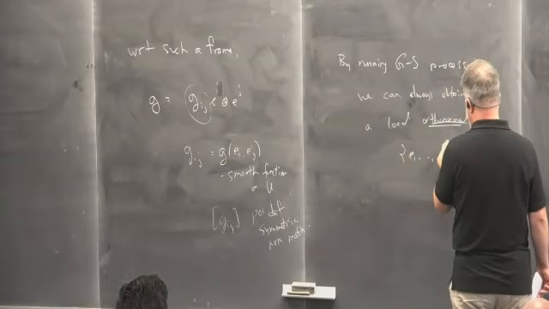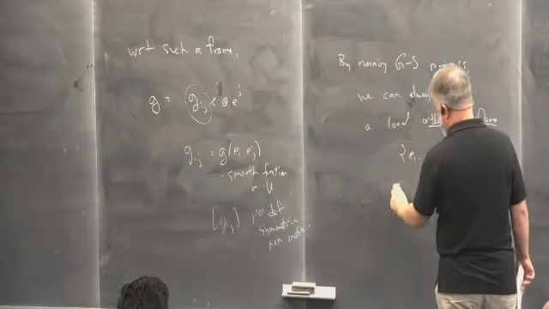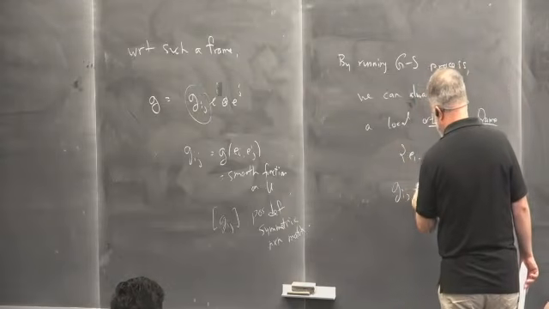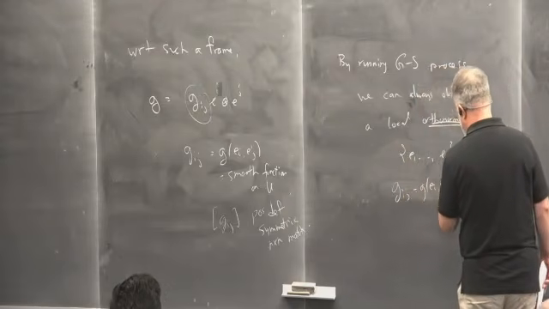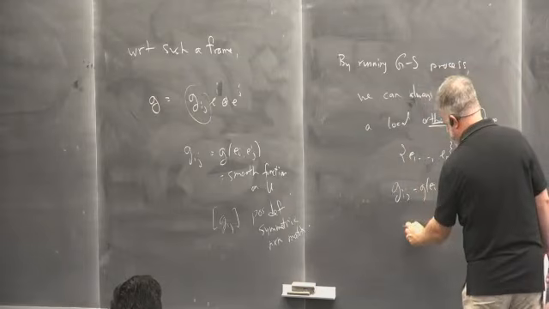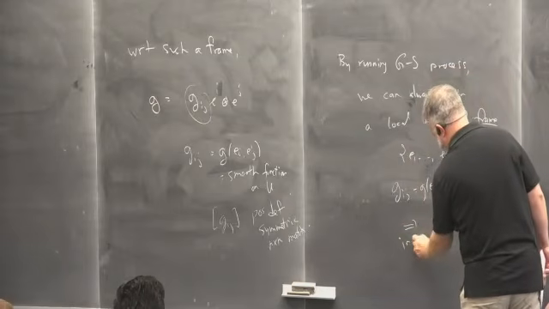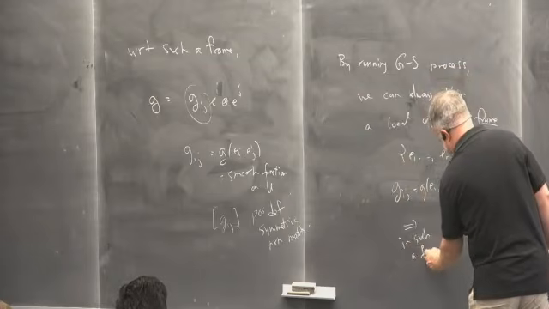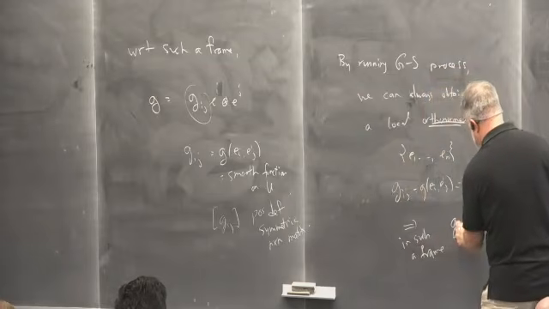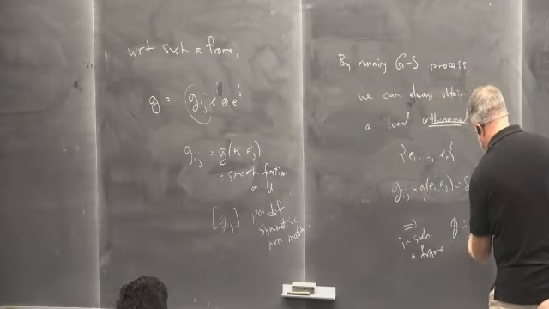I'll still call it e_1 up to e_n. And what does it mean to be orthonormal? It means that g_ij, which is g(e_i, e_j), is just delta_ij. And therefore, in such a frame, our metric is just e^k tensor e^k.